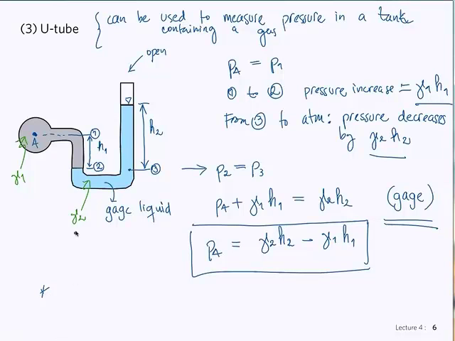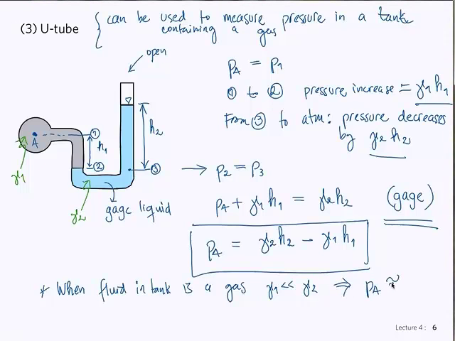Now, it could happen that the fluid here is a gas, then perhaps gamma 1 is much smaller than gamma 2, and then we can neglect that other term and write PA is approximately equal to gamma 2 H2.